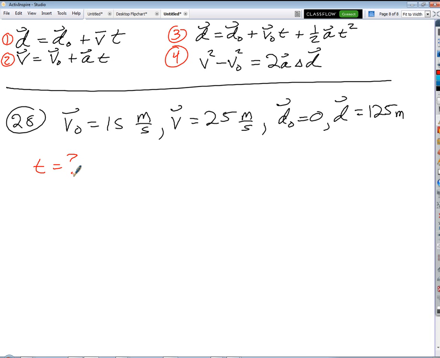Either 4 or 3. Notice both of those, we don't have an acceleration yet, do we? So we could use those, but we'd have to calculate an acceleration first, wouldn't we? Is there one we could use without that? Number 1. Yeah, okay, we're good.